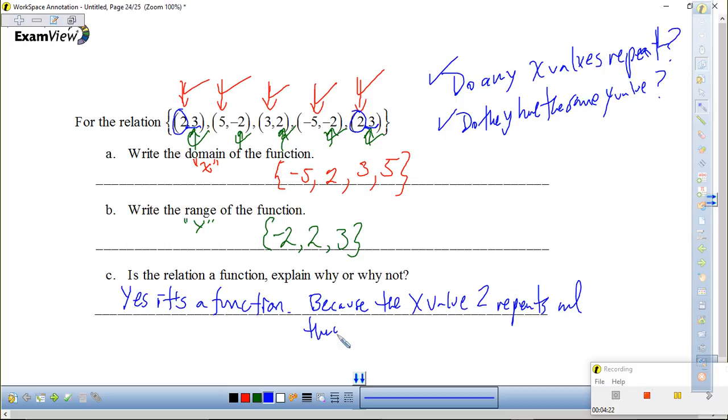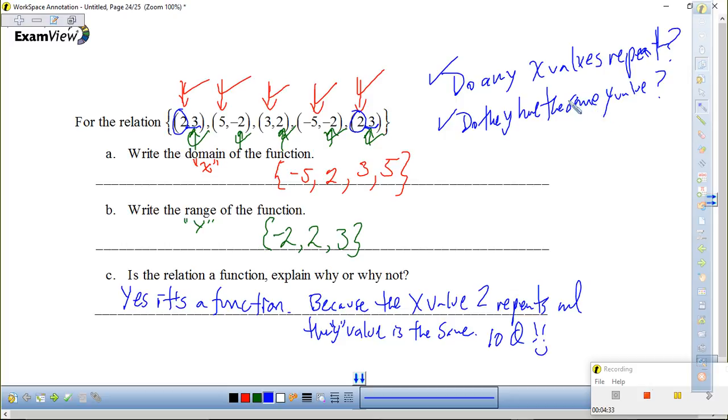The Y value is the same. Thank you. So in order for it to be a function, what are we looking for? Number one, that the X value repeats, and that they have the same Y value.